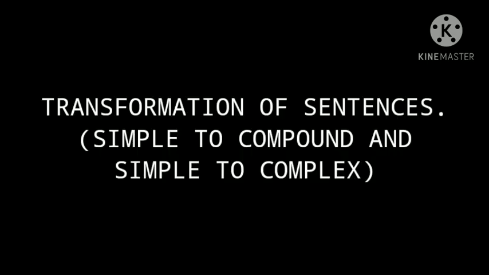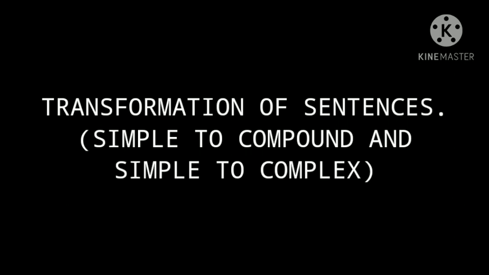So now that we have revised sentences and their kinds based on structure, we'll learn transformation of sentences. So children, a sentence can be transformed into different forms without changing the meaning of the sentence. So this means we can write a simple sentence as a compound sentence or a complex sentence, but we have to ensure that when we transform the sentence from one kind to another, we cannot change its meaning.